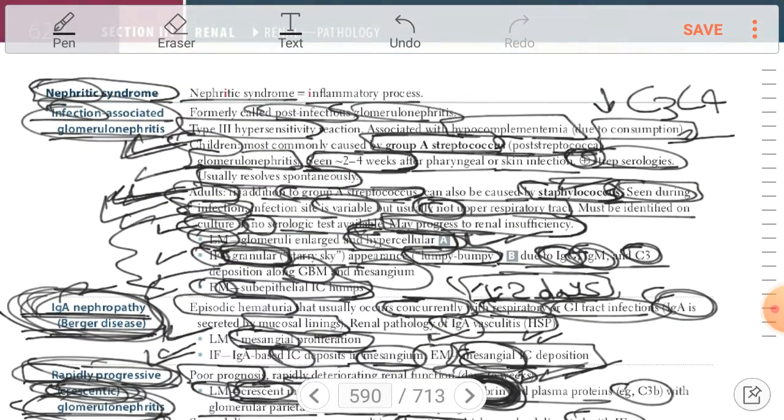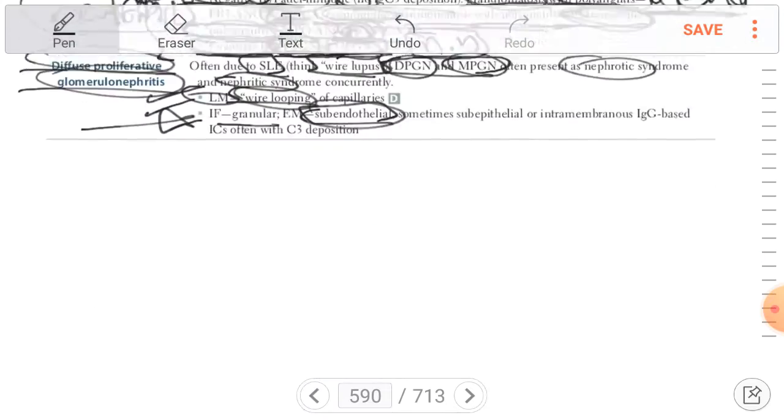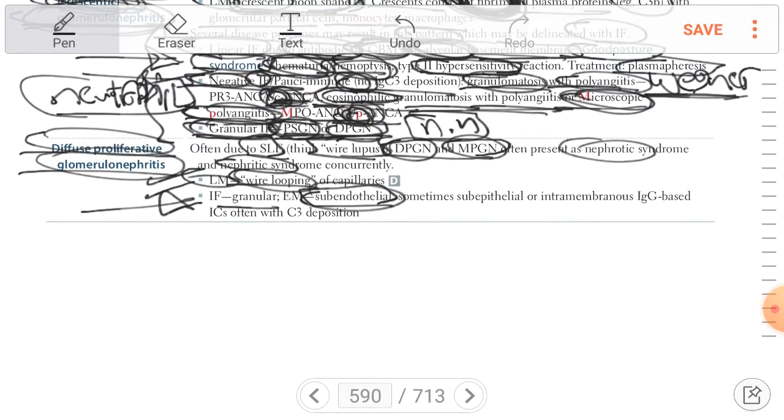Because in post-streptococcal glomerulonephritis it was subepithelial, but in diffuse proliferative glomerulonephritis it's subendothelial. Of course, membranoproliferative glomerulonephritis is also subendothelial. So diffuse proliferative and membranoproliferative glomerulonephritis, nephritic and nephrotic, both are subendothelial.